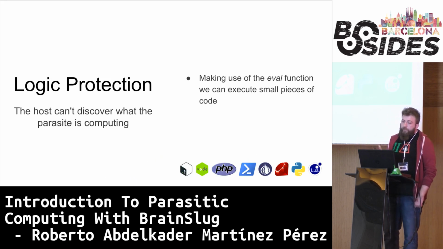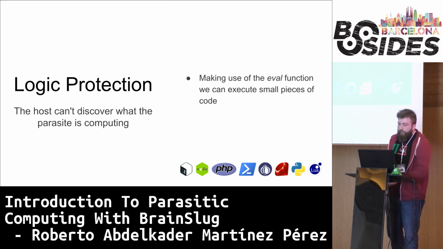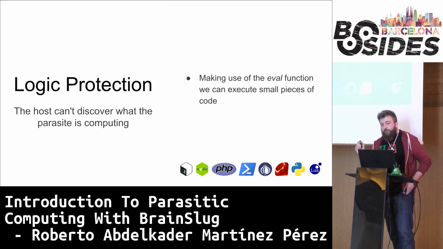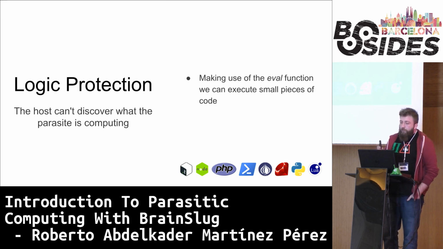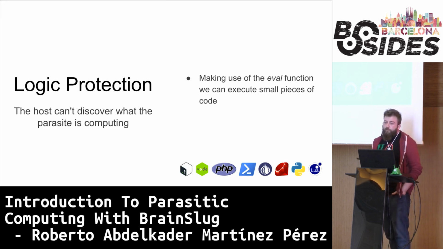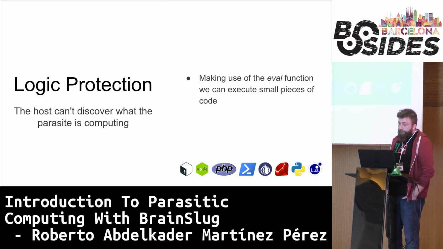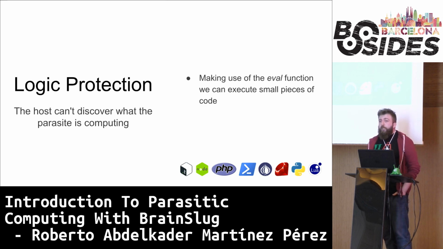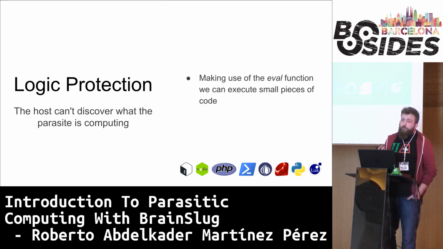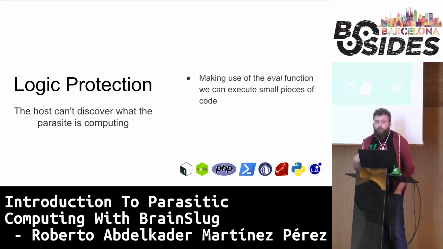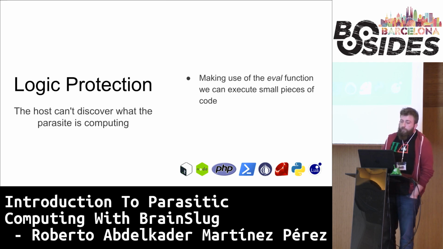Why is this? Because they offer the same features that we discussed before, like logic protection. How do they offer logic protection? Well, dynamic languages have this eval function that we are very familiar with. Using an eval function, we can execute very small pieces of code.